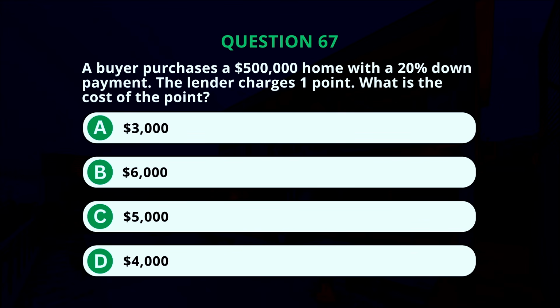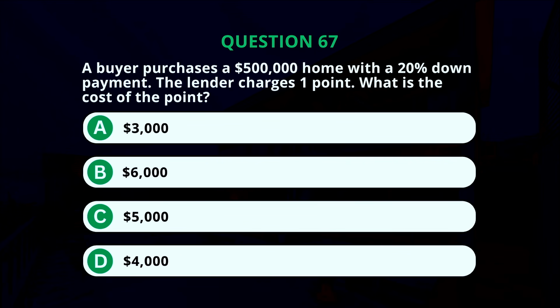Question number 67. A buyer purchases a $500,000 home with a 20% down payment. The lender charges 1 point. What is the cost of the point?